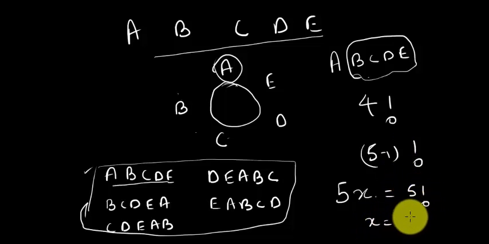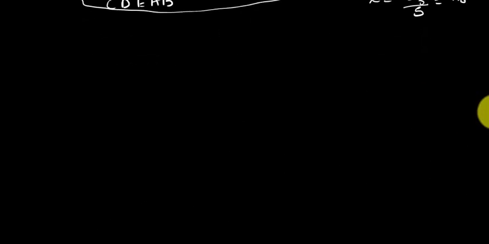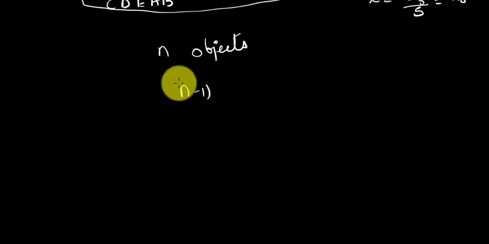So X, which is my original value, is going to be 5 factorial divided by 5, which is 4 factorial. What we need to remember is this. If I'm doing a circular permutation of n objects, then the number of ways it can be permuted is n minus 1 factorial ways. That's it.